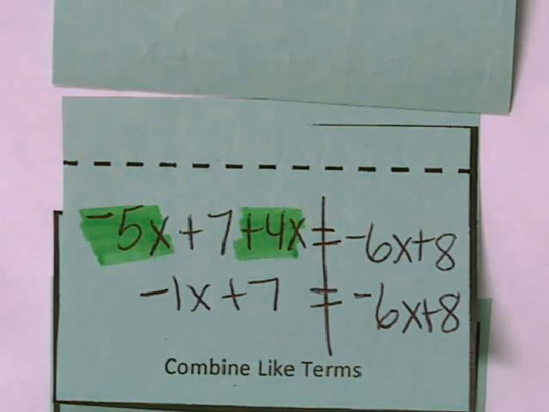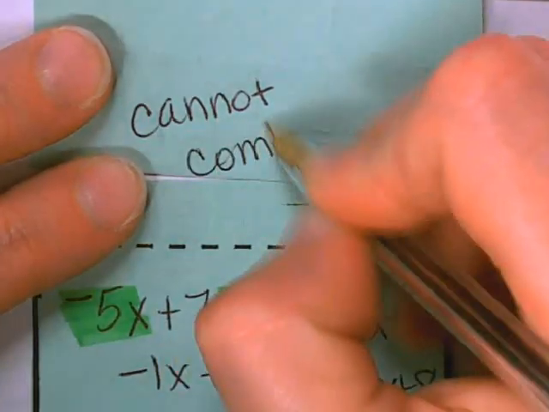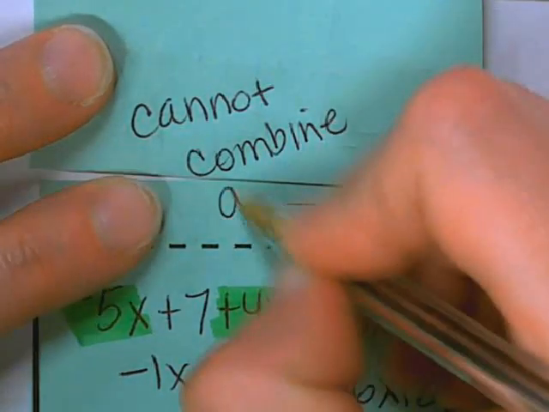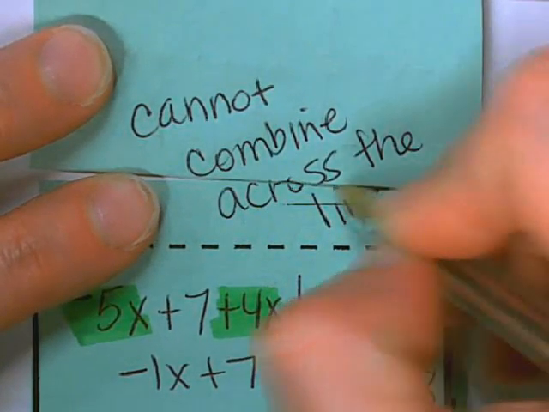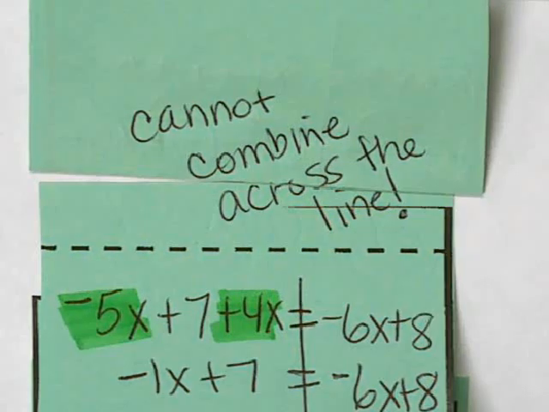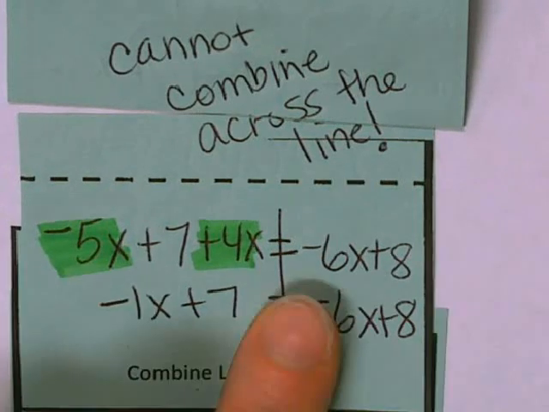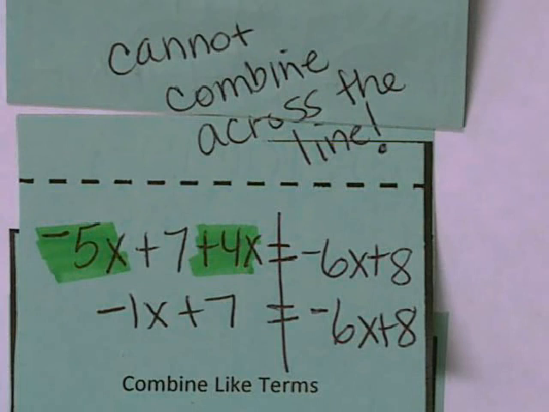So I cannot put these two together, cannot combine across the line. Remember, you cannot combine across the line. Okay, so the negative 5x and the 4x can go together, but the negative 6x does not go with anything. It just comes straight down. Okay?